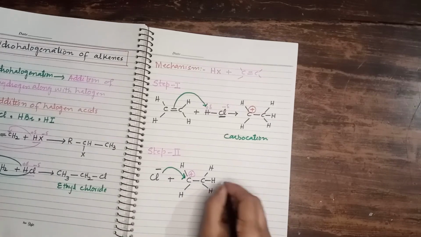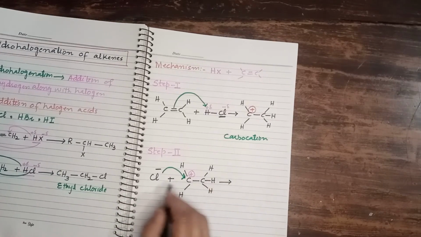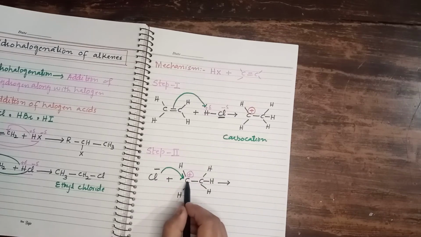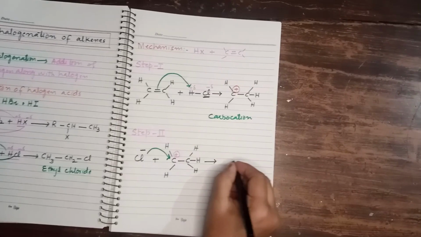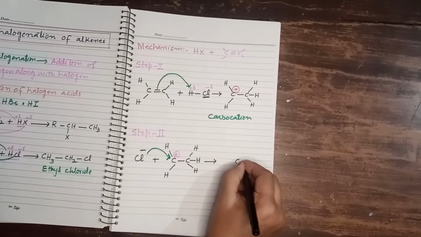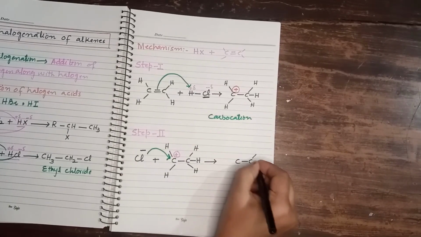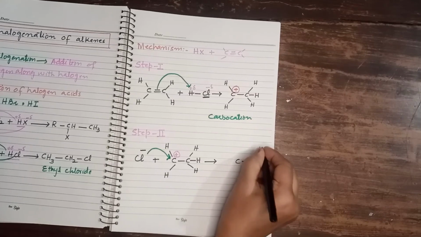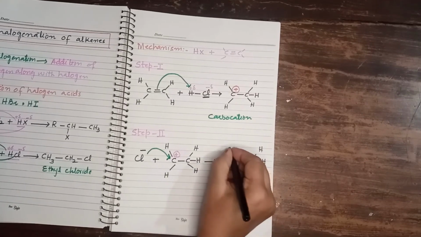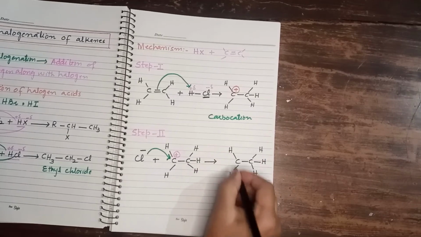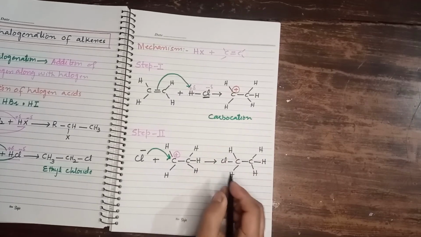So after the reaction, chloride is added to this carbon. So we have a product like this. Here chloride is added, right students?